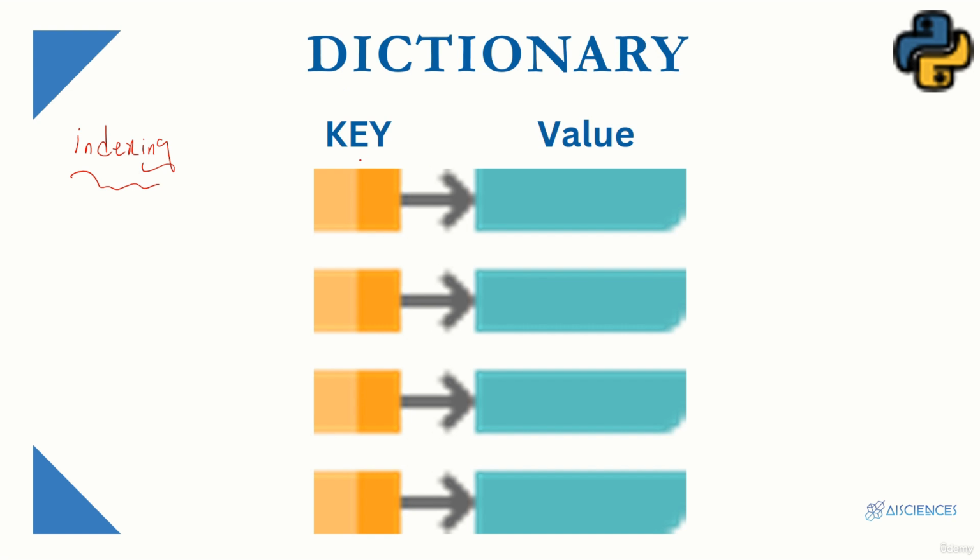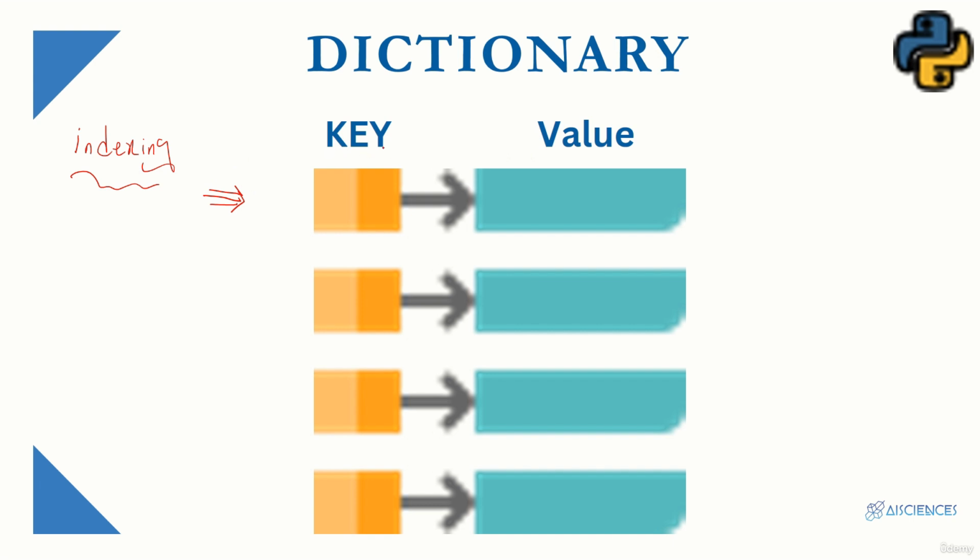In dictionaries, values do not get stored in an indexing fashion. The values are stored as key-value pairs, which means that each element of a dictionary consists of two elements.